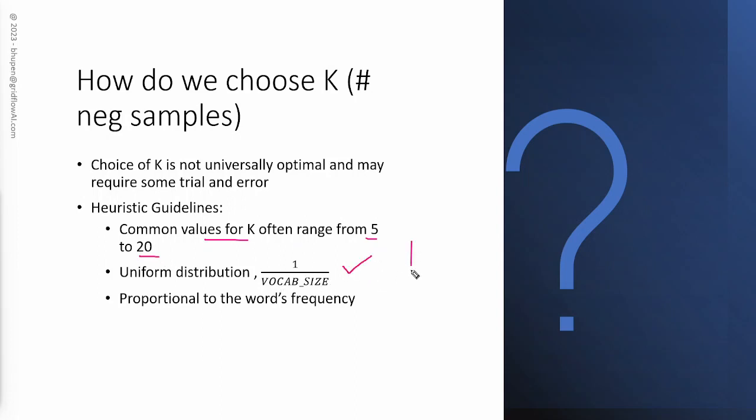Let's say your vocabulary size is 50k, so every word is equally likely; this is the reciprocal of the size of the vocabulary. Sometimes you might want to configure the algorithm to pick negative samples proportional to their presence in the corpus. But most of the time we experiment with some integer value, between 5 and 20.